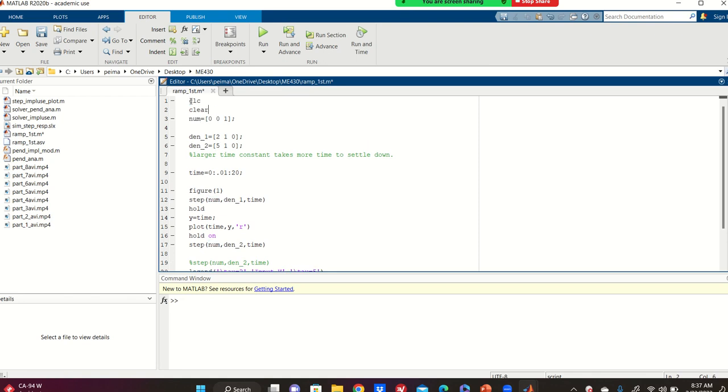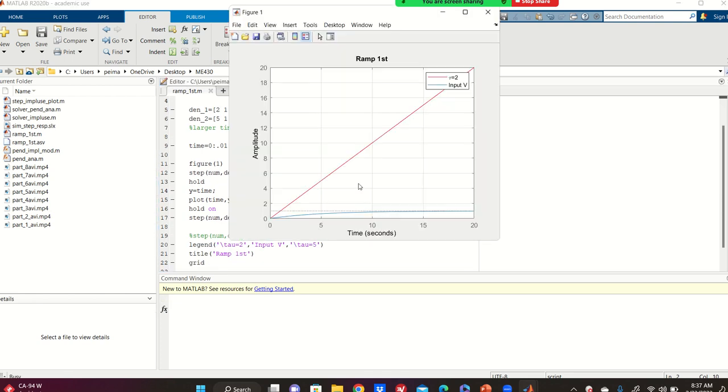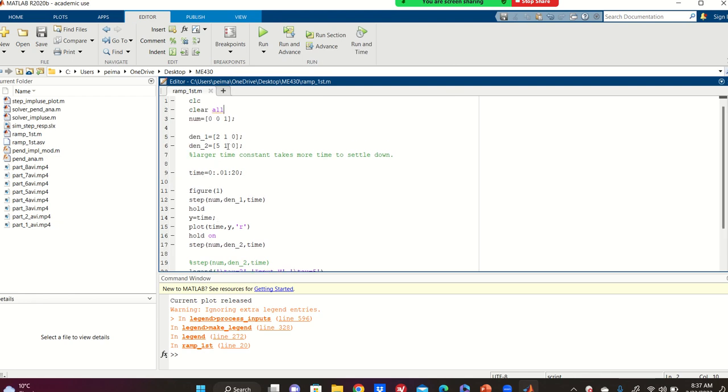It means clear the workspace and clear all the parameters. Okay.